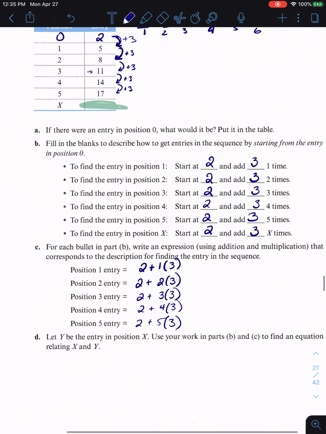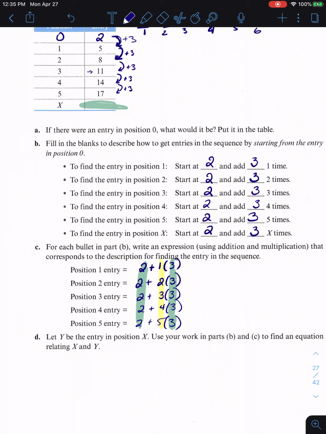Now let's take a look at our parameters and our variables. So it looks like 2 doesn't change, and it looks like 3 doesn't change. What does seem to change is how many times we're going to be adding 3.